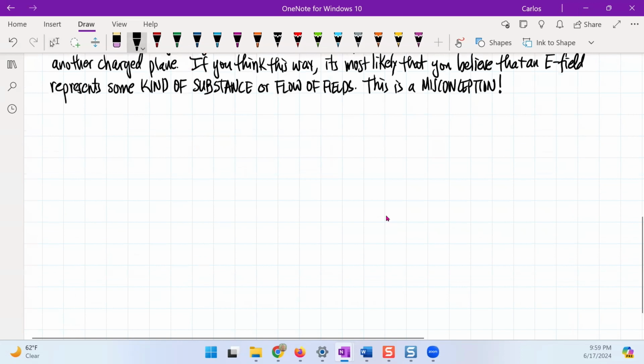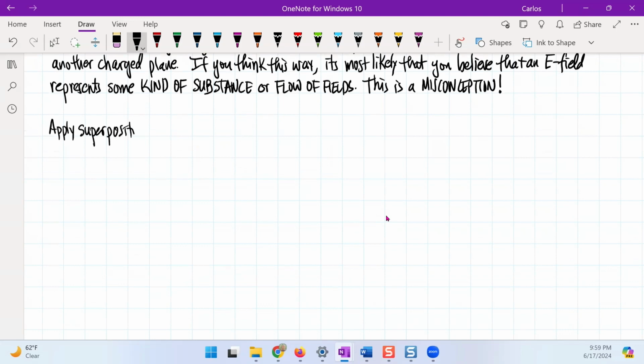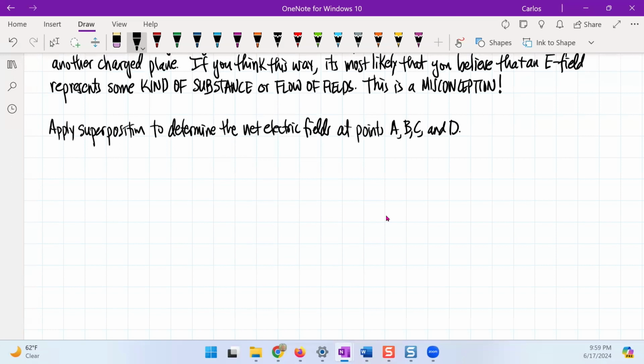Now I'm going to apply superposition to determine the net electric fields at points A, B, C, and D. Before we get started, I just want to show you one trick: if I have 1 over 2 epsilon, I can multiply by 2 pi and divide by 2 pi, and I have done nothing.